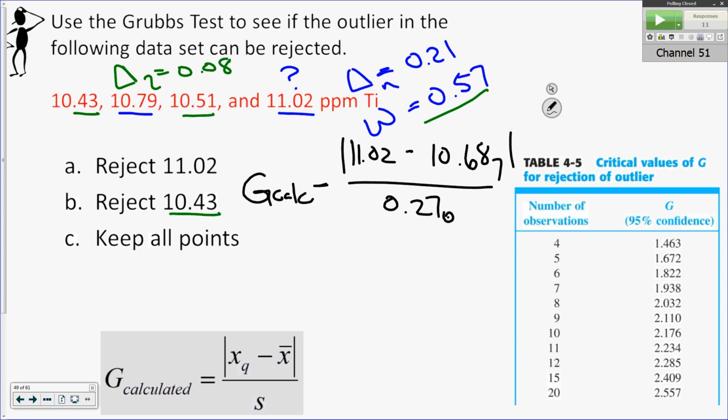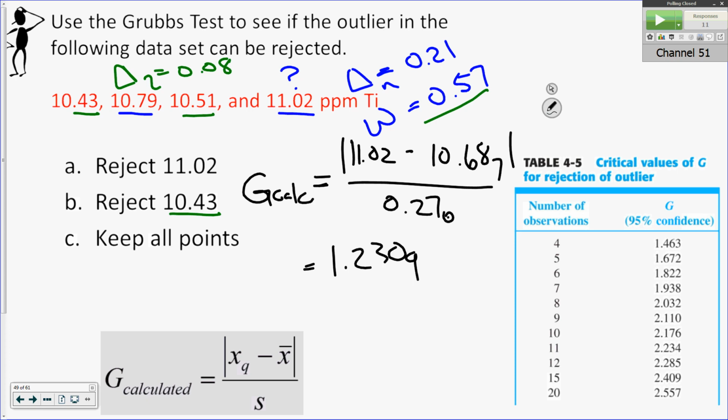So do the math on that. Less average divided by my standard deviation. And I get G calculated equal to 1.230 with insignificant 9.